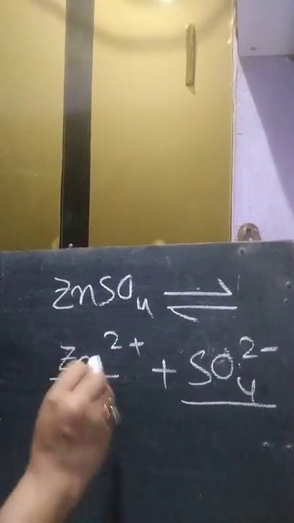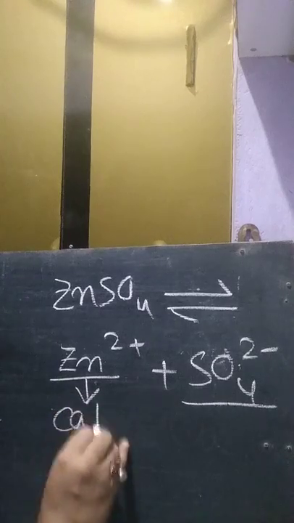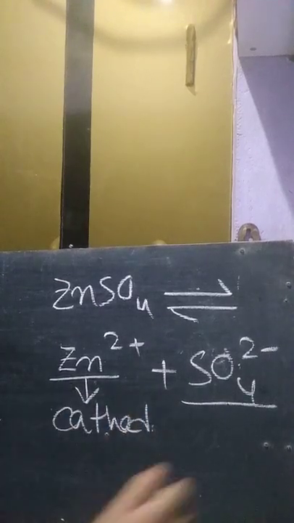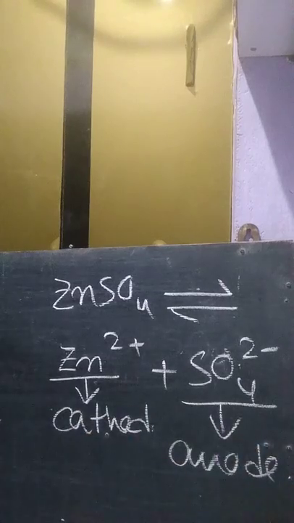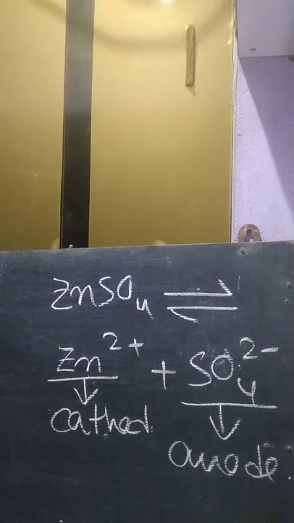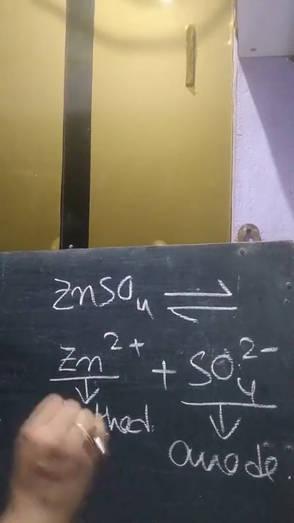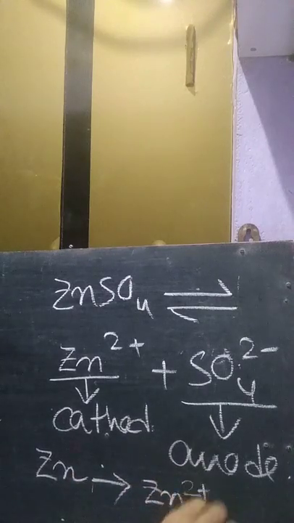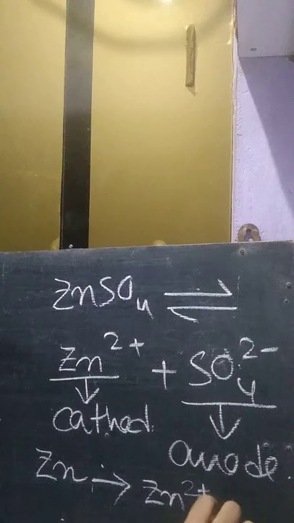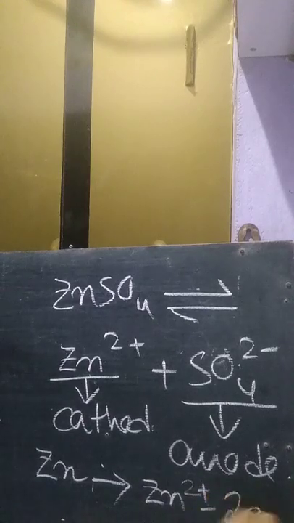So this is the positive cation and this is the negative anion, right? The cation will go to the cathode and the anion will go to the anode. All of you know that. Zinc has the tendency to lose two electrons, so zinc will come out as Zn2+ by releasing two electrons.